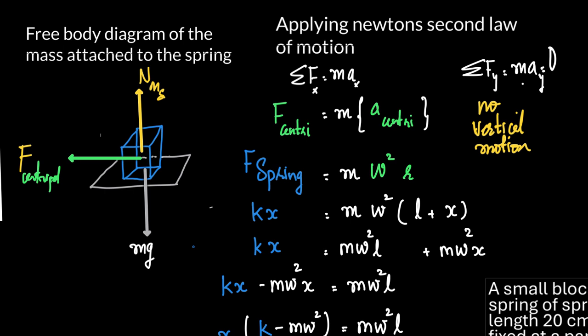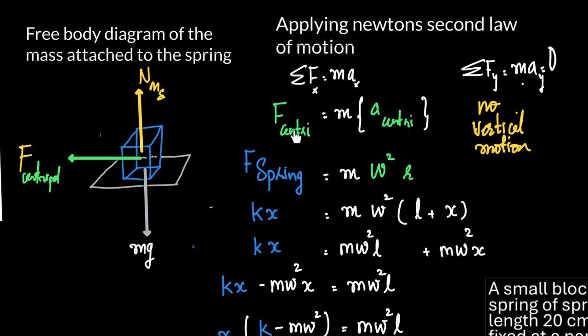The object is restricted along the horizontal surface. Therefore, sigma Fx would be equal to m into ax. What is sigma Fx? Sum of all the forces acting along the x direction, and there is only one force acting along the x direction, which is the centripetal force, and therefore we have F centripetal equal to mass into acceleration. What kind of acceleration? The motion being circular in nature, the only acceleration would be the centripetal acceleration, which can be written as omega square into r.